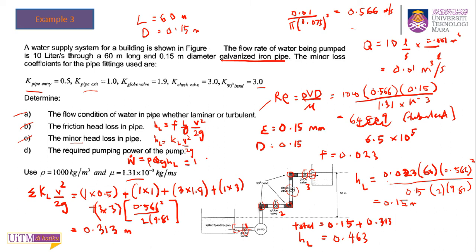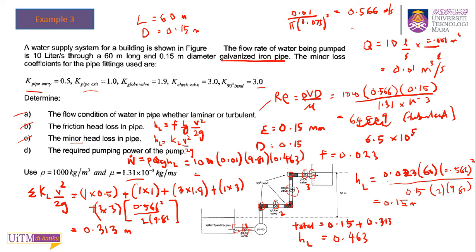Rho 1000 times Q 0.01 times G 9.81 times HL 0.463.